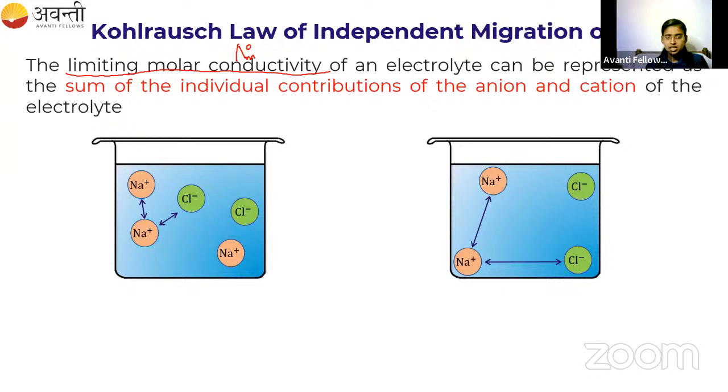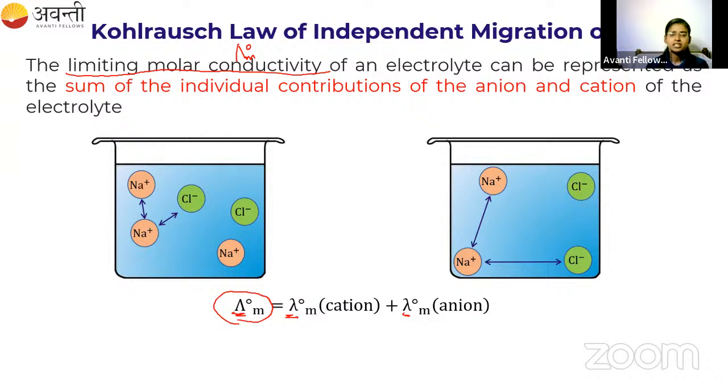Mathematically, it is denoted by lambda m naught equal to small lambda. This is capital lambda, and this is small lambda, just to make the differentiation. Cation means small ions, no? So this is the total. I have used capital lambda for the total and small lambda for the ions: lambda m naught of cation and lambda m naught of anion. Summing up the contributions of these two ions gives the value of limiting molar conductivity.